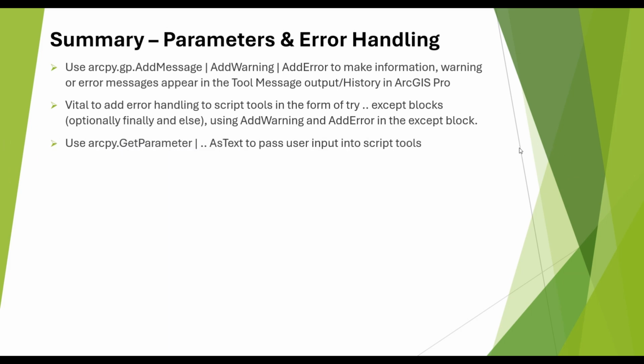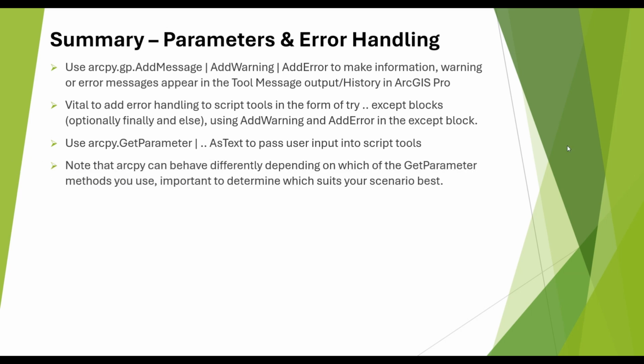You can use Arcpy get parameter or get parameters text to pass user input into script tools. And note that Arcpy can behave differently depending on which of the get parameter methods you use, and it's important to determine what suits your scenario best. And at times this can be counterintuitive. For instance, passing layer object versus layer name as a string makes ArcGIS Pro behave differently in terms of how it actually treats the layer.